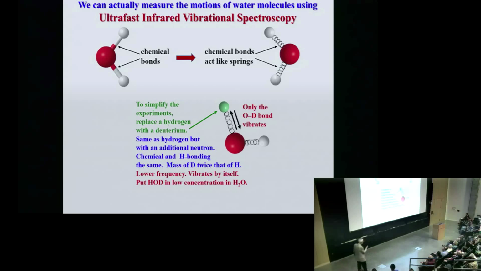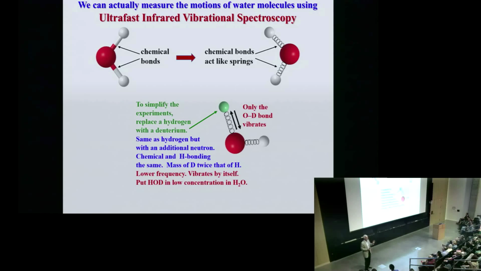Now, we're going to use the vibrations as a probe, a way of looking at the water molecules. But to make it simpler, you see there's 2 hydrogens on this oxygen, so there's actually 2 things on any one water molecule that can be moving. So what we do is we replace one of the hydrogens with a deuterium. A deuterium is like heavy hydrogen. It's just hydrogen with an extra neutron, so it has exactly the same charge.